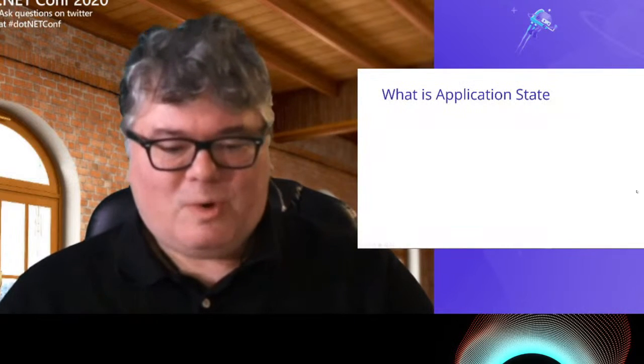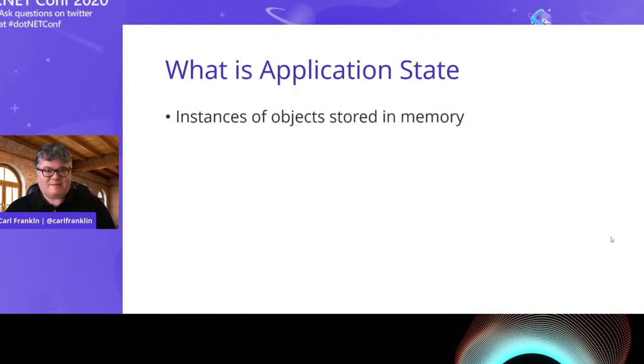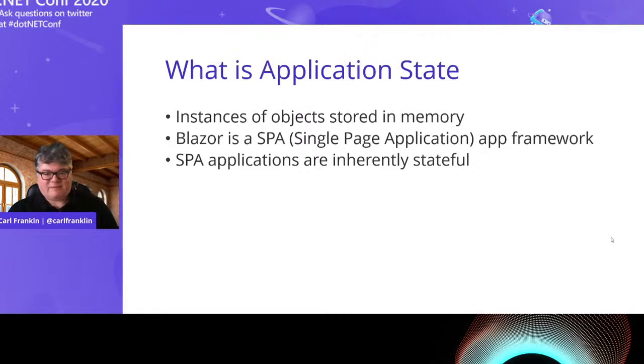So what is application state? Application state is essentially where you have instances of objects that are stored in memory. Normally these would be behind a page in Blazor, behind a component, but sometimes you want to share those things. Because Blazor is a SPA framework, SPA applications are inherently stateful.